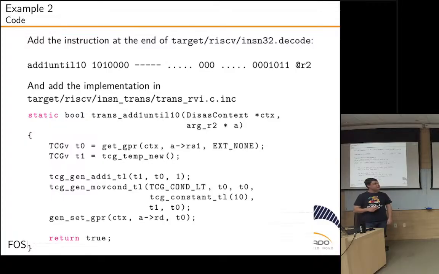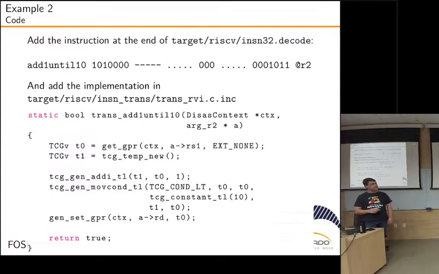When you have the code pattern in your file, we'll make the translation method. So it will be trans underscore the name of the instruction. The first argument is always this instruction, this is context. It is defined inside the RISC-V folder, but we will not touch that for now.